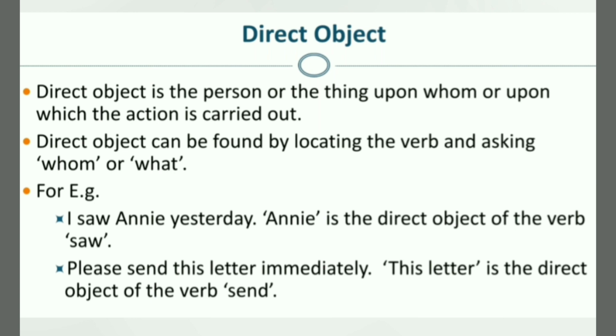Direct object can be found by locating the verb and asking whom or what.